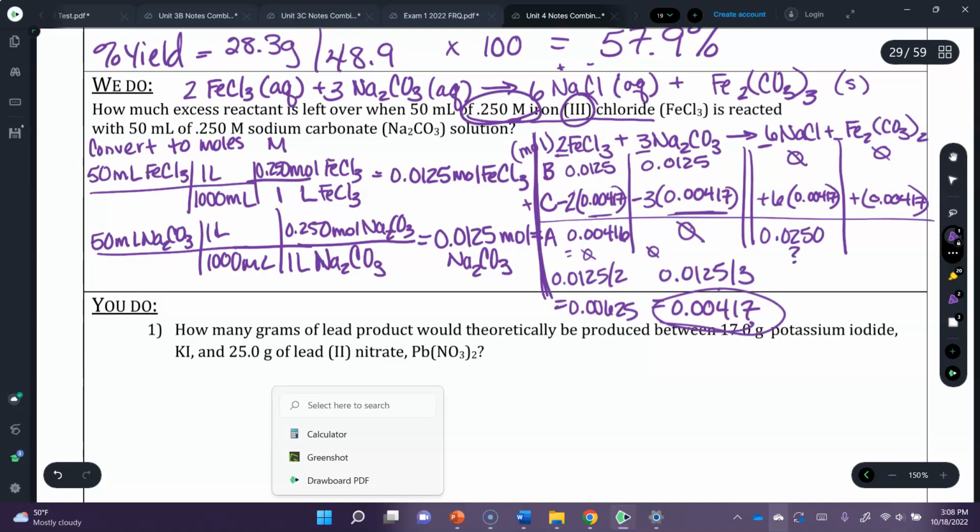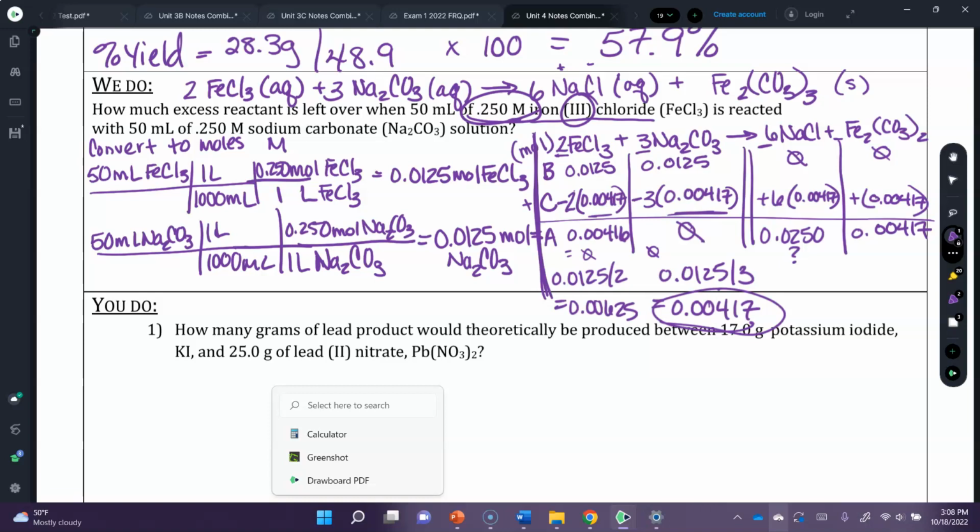I'm doing the math in my head, so don't trust me. And then finally, this last one is 0.00417. So I have now figured out how much I have left over of one of my reactants and how much I make, in moles, of both my products in one little table setup. So I get a lot of information from it.